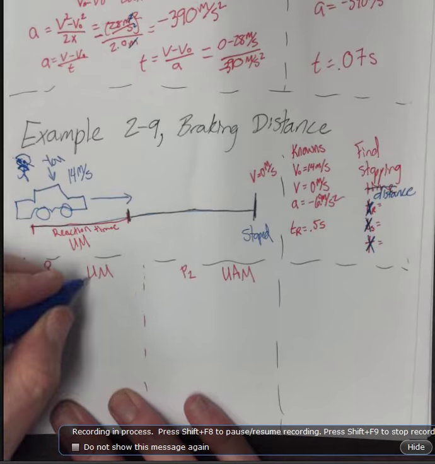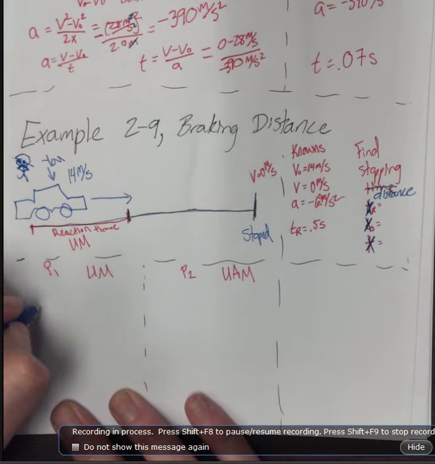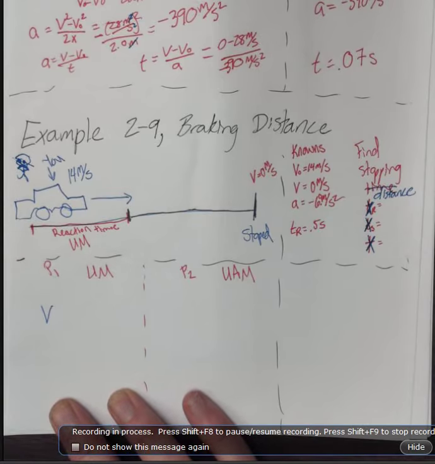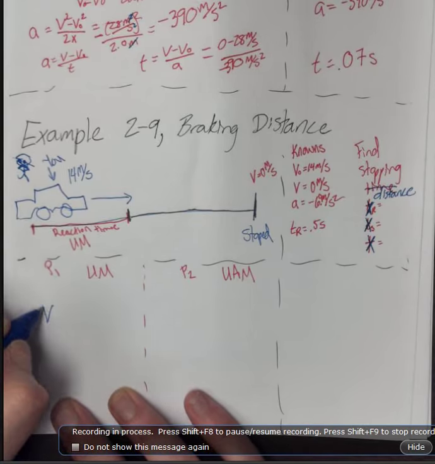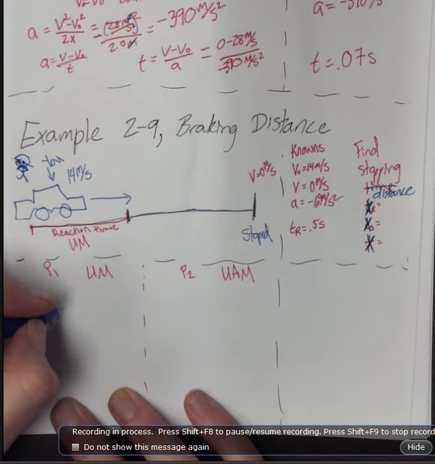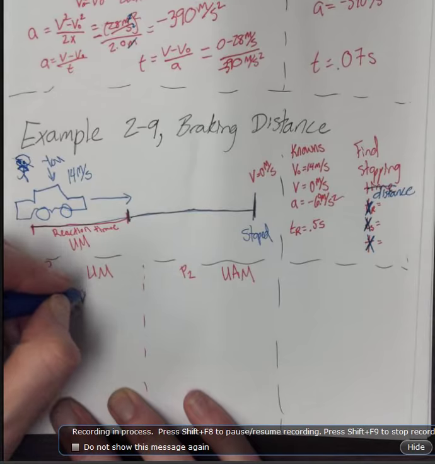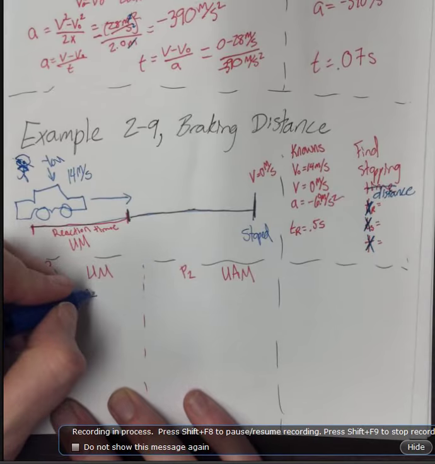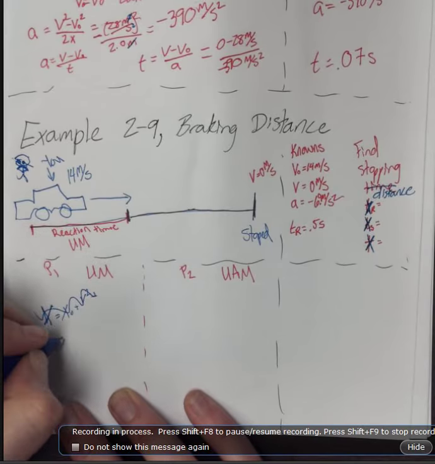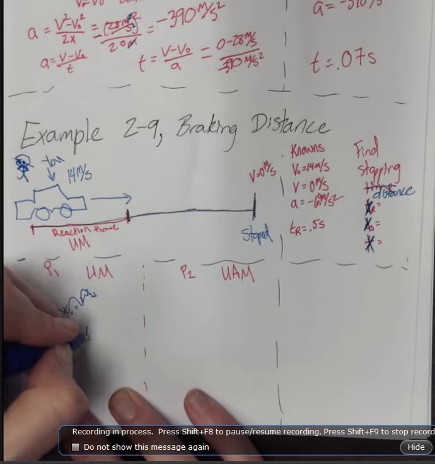Because uniform motion applies, position is going to be equal to initial velocity times time.